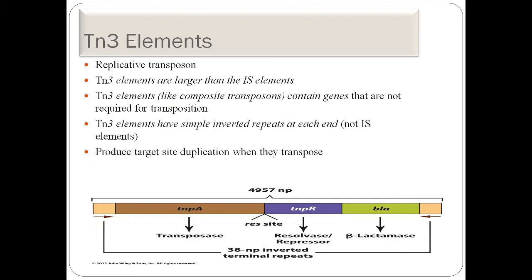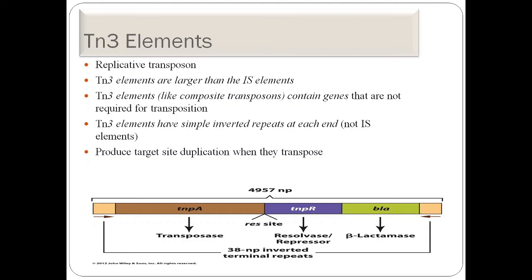So replicative transposons, these elements are larger than the IS elements. Tn3 elements, like composite transposons, contain genes that are not required for transposition. Tn3 elements have simple inverted repeats at each end. These produce a target site duplication when they transpose by the replicative mechanism.